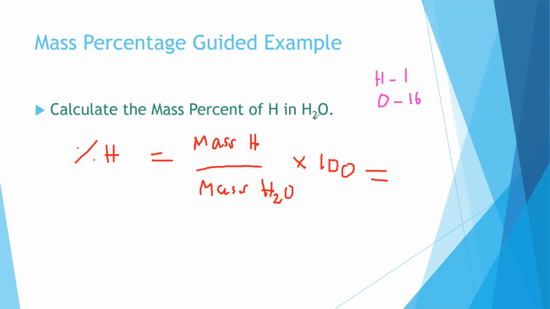We have noticed that we have 2 hydrogen atoms, so it has a sum of 2. The mass of H2O is 2 times hydrogen, so it's 1 times 2 plus 16, which is 18. And then we multiply it by 100. Our calculations give 11.1%. Make sure to multiply by 100 since we are converting it to a percent. So the answer is 11.1%.